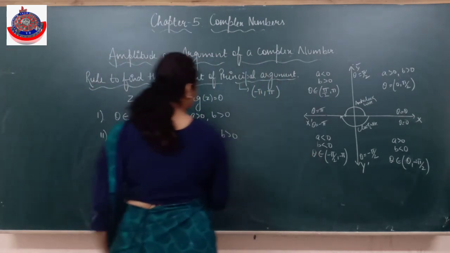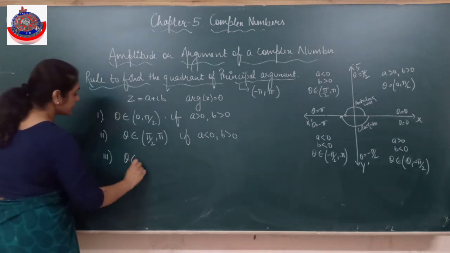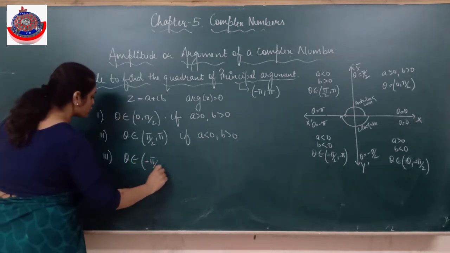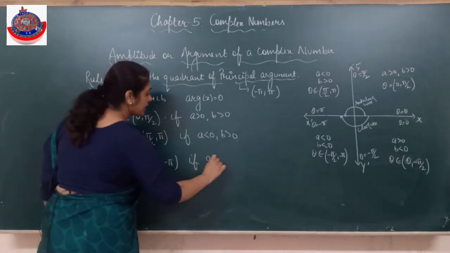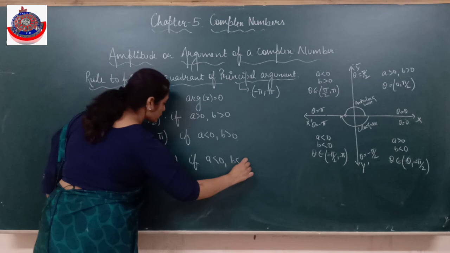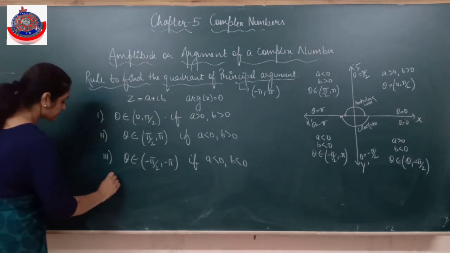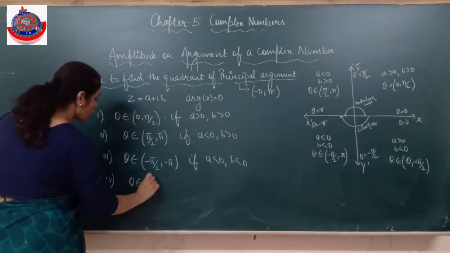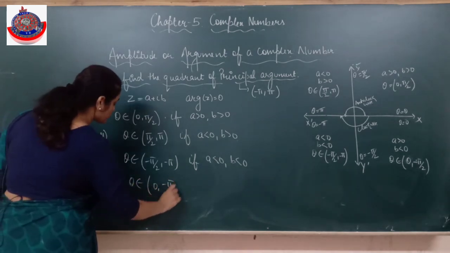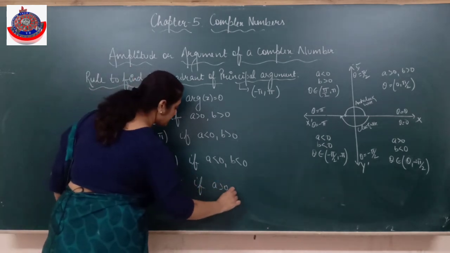If it is the third quadrant, because the angle is measured clockwise, theta belongs to minus pi/2 to minus pi if a is less than 0 and b is also less than 0. a and b both are negative. Fourth, theta belongs to 0 to minus pi/2 if a is positive and b is negative.